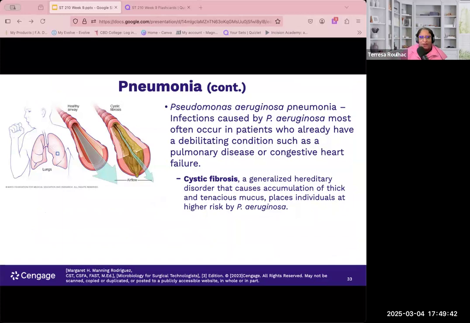I feel like we're talking a lot about pneumonia. We have Pseudomonas aeruginosa pneumonia, another bacterial infection that typically affects patients with pre-existing health issues like pulmonary disease, congestive heart failure, or cystic fibrosis. Cystic fibrosis is a hereditary condition that causes thick, sticky mucus to accumulate in the lungs.